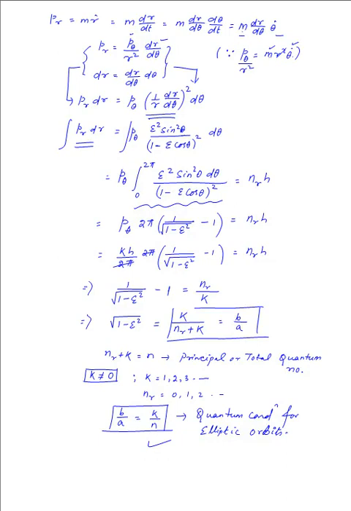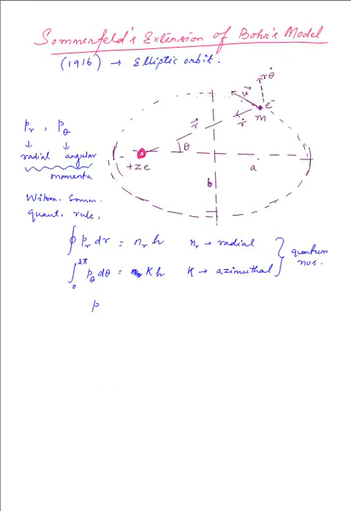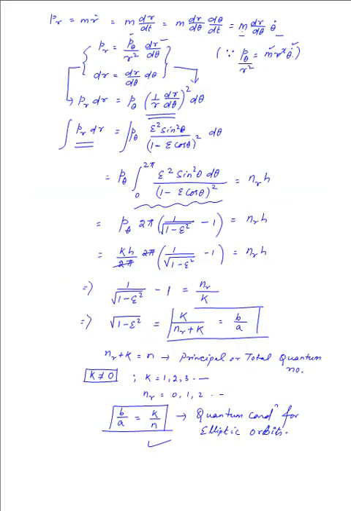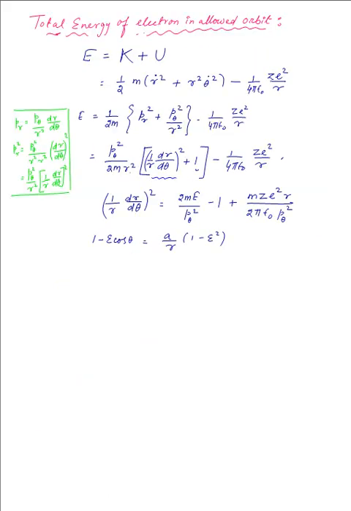From the polar equation of the ellipse, that is over here, the equation A that we have, in that equation a by r is going to give us 1 minus e cos theta divided by 1 minus e squared. So 1 minus e squared gets multiplied to a by r, and we have 1 minus e cos theta. That is what we have done over here.